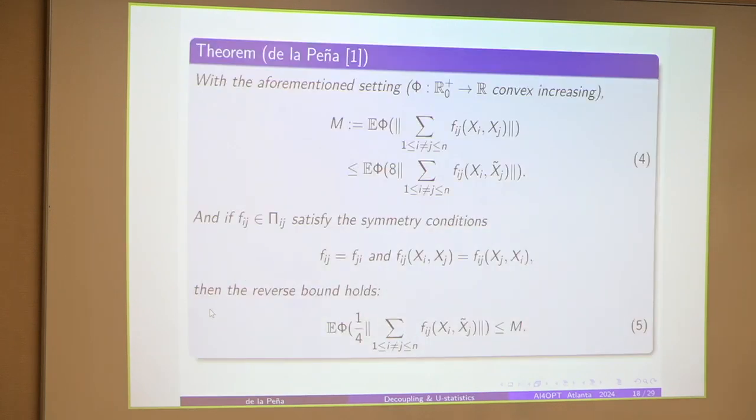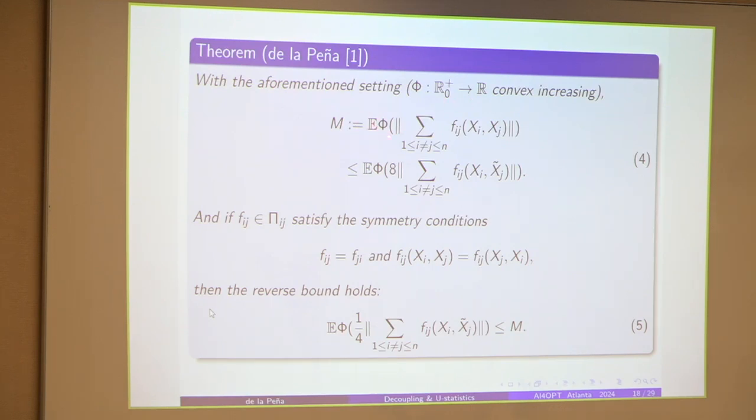Now, the main decoupling inequality that I will prove today is the following. Suppose that we have a convex function, which should be increasing, to have a general result. So the function should be convex increasing, and you will see why.